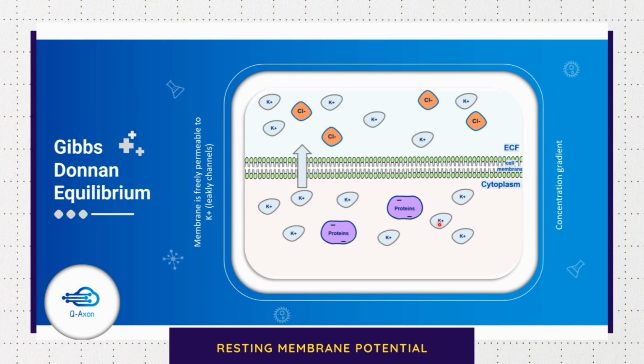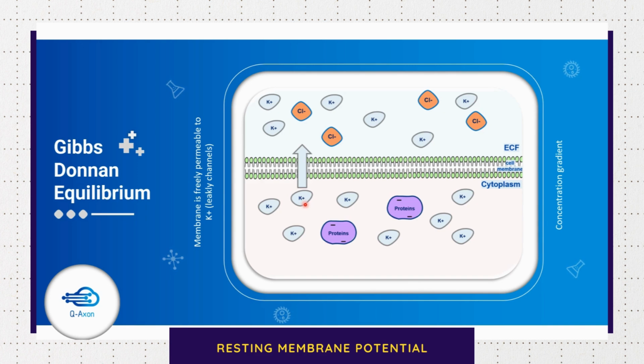Plus, you see, in the situation we considered in the beginning, there were more potassium ions inside the cell than outside. So there exists a concentration gradient for the potassium ion from inside to outside, right? So the two things here: one, the membrane is permeable in the resting state only to potassium ions because of the leaky channels, and two, there exists a concentration gradient for potassium ions from inside to outside.